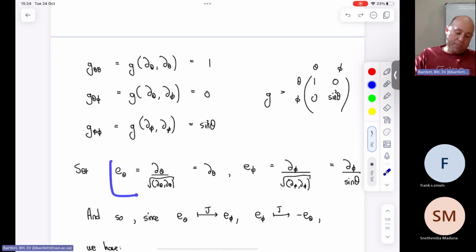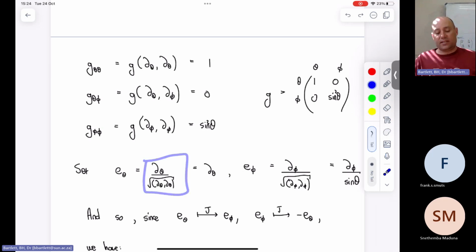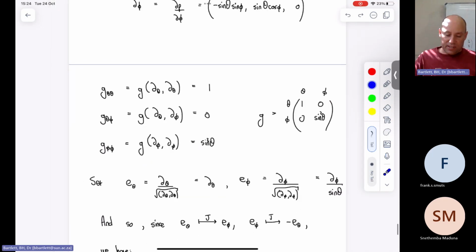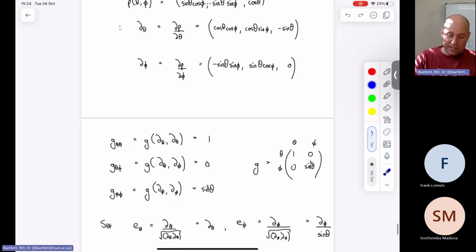So I should find an orthonormal basis for my tangent space. That means I should divide by the norm of the vectors. If you look at these vectors, del theta has norm 1, so that's not a problem. But del phi has norm sine theta. That's the norm squared over there. So when I divide by sine theta, I will get out an orthonormal vector.